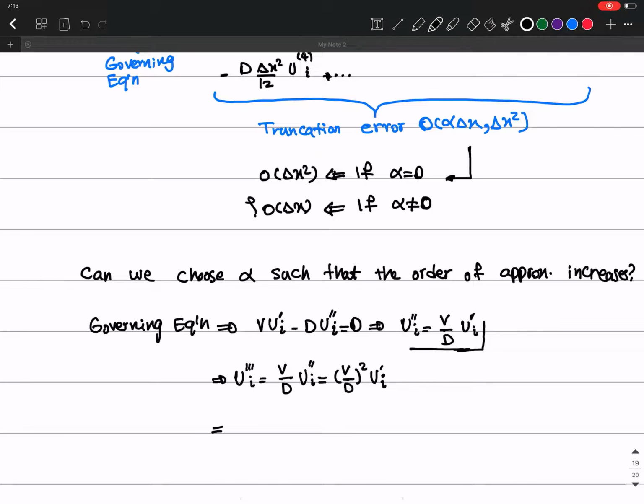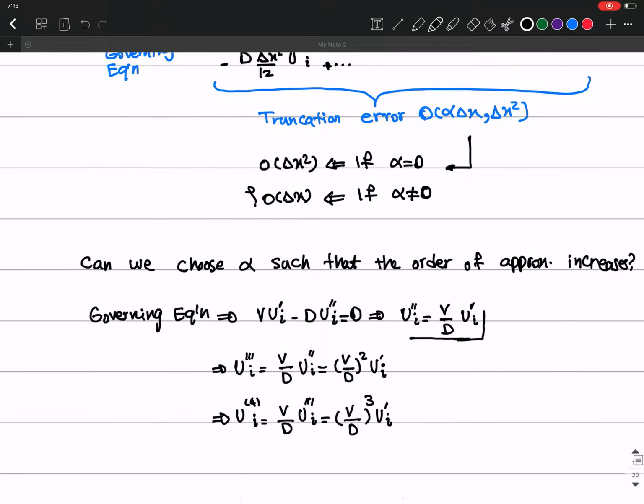And I can continue this: u fourth prime i equals v over d u triple prime i, which equals v over d to power 3 u prime i.